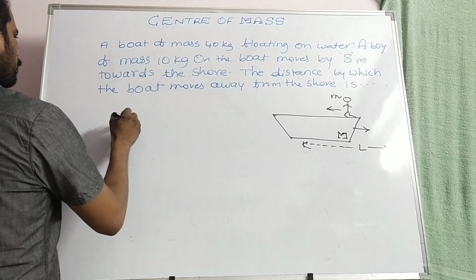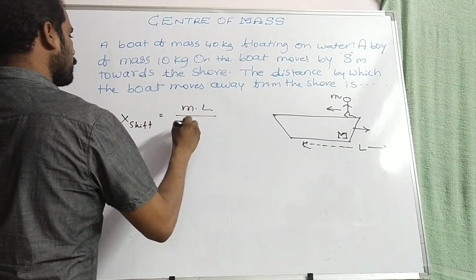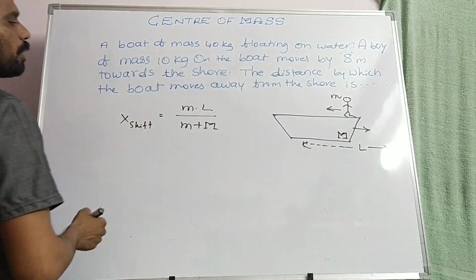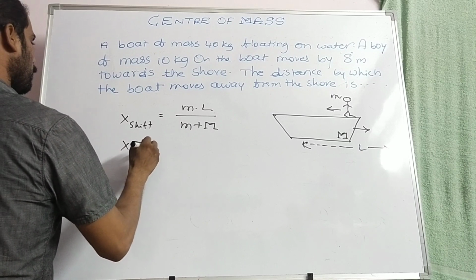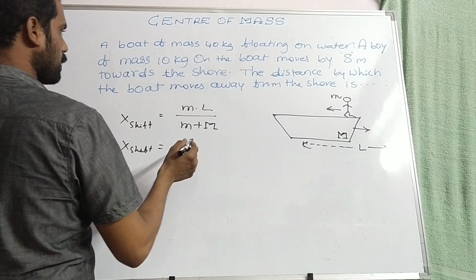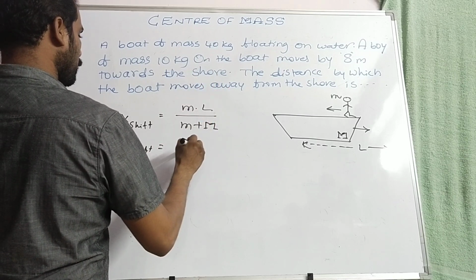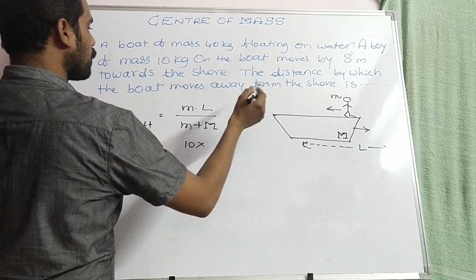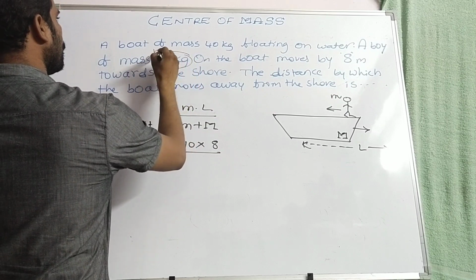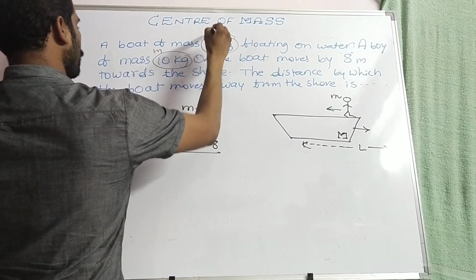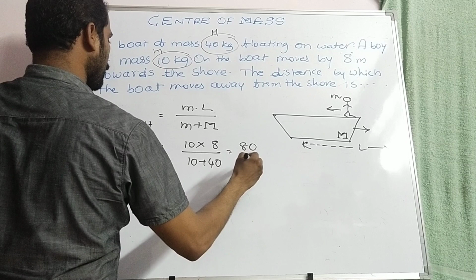So X shift is equal to small m into L by small m plus capital M. Now X shift is equal to mass of the person 10 into length L is equal to 8 meters, by mass of the person 10 kg plus mass of the boat 40 kg. 10 plus 40, that is equal to 80 by 50.